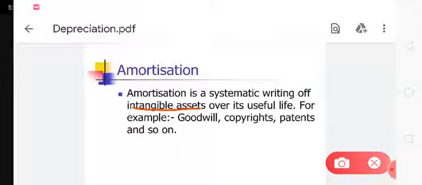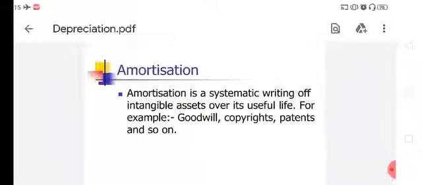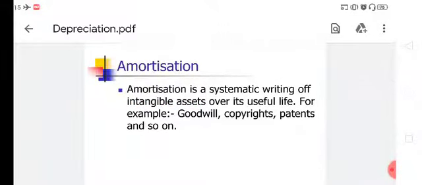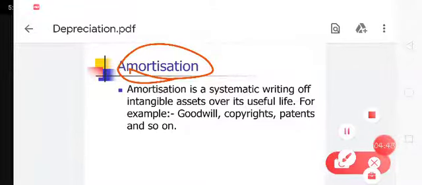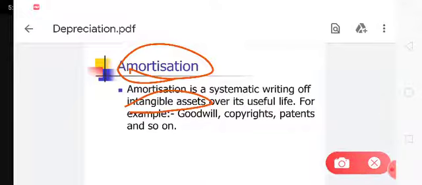For intangible assets like goodwill, copyrights, patents, and so on, whenever the value of these assets is declining or decreasing from time to time, we have to use the word amortization. Clear? For intangible assets, if you want to record a depreciated or declining value, you have to use the word amortization.